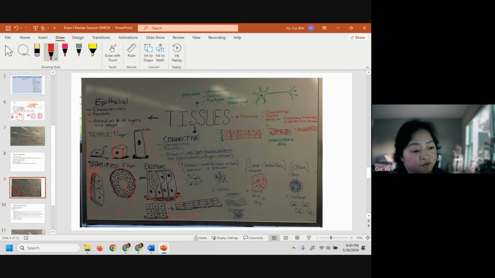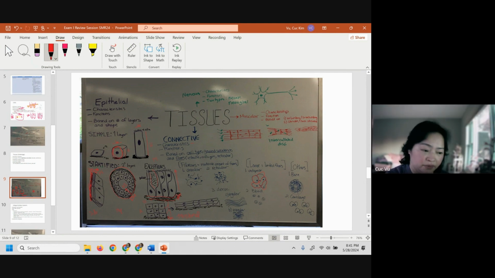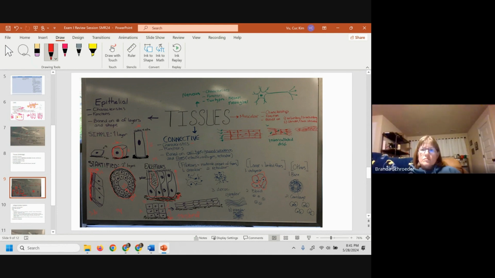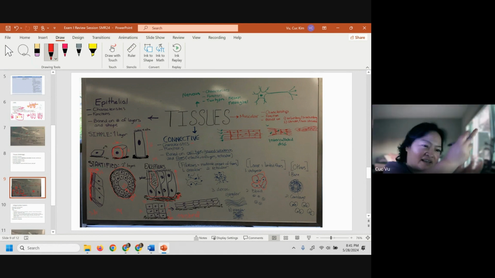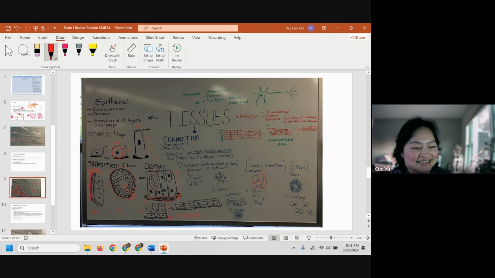It has very few fibers and very little ground substance. So it's mostly cells. That's what makes it so distinctive. No one should get adipose wrong. It's extremely distinctive. How many of you have ever seen lava lamps, where those blobs move around? That's kind of like what adipose looks like.